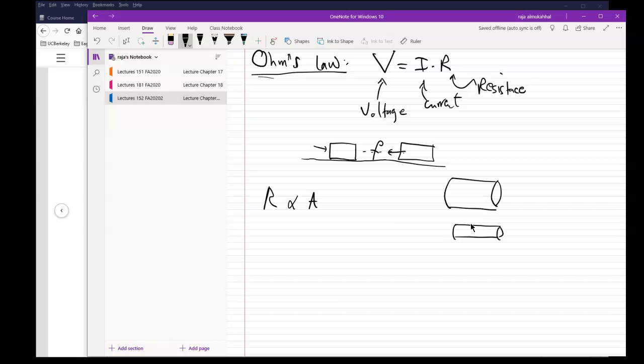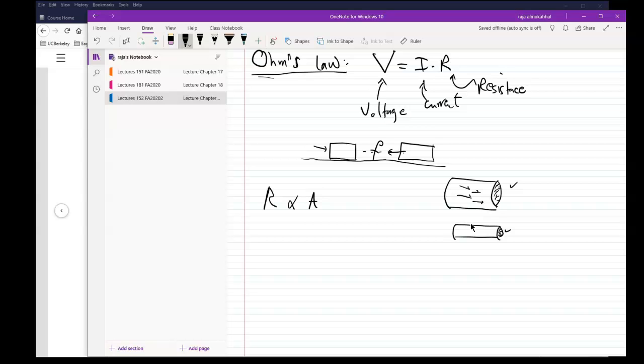The only difference is that the cross-sectional area is different. So which wire would conduct electricity better, the big one or the small one? I hope you will say the big one, because it has more space for the electrons to flow. You see what I'm saying? So the larger the cross-sectional area, the less the resistance. That's what I'm saying.